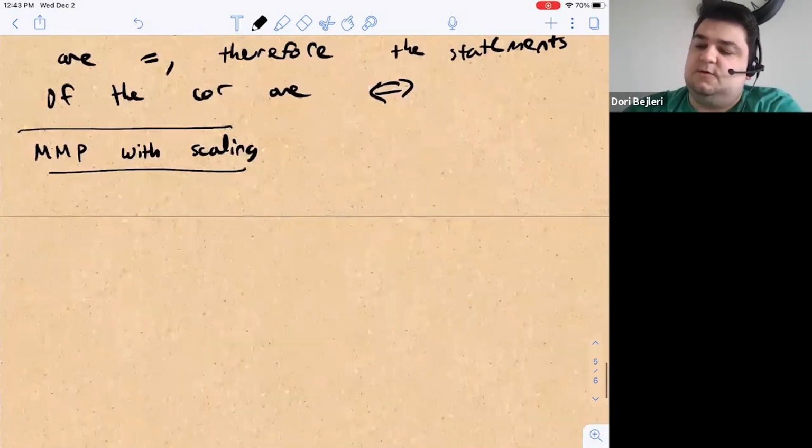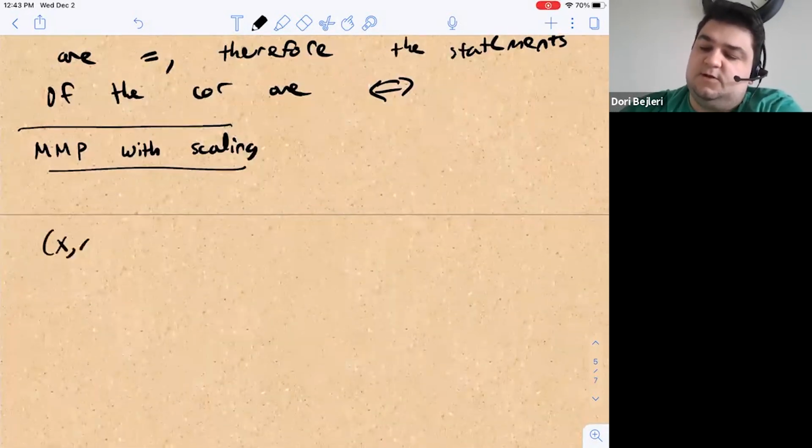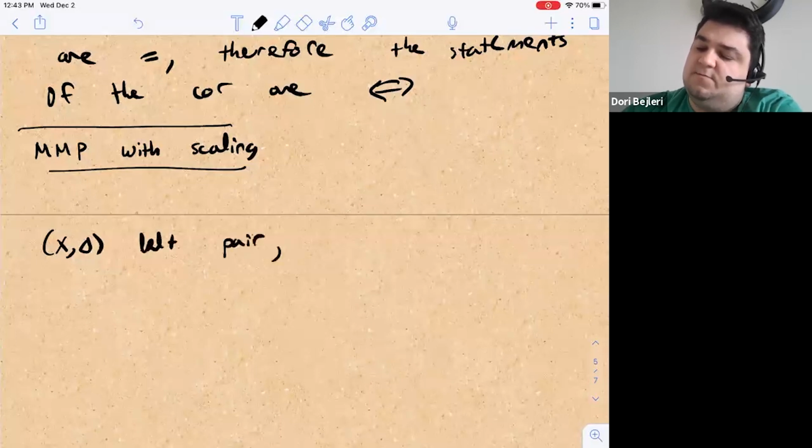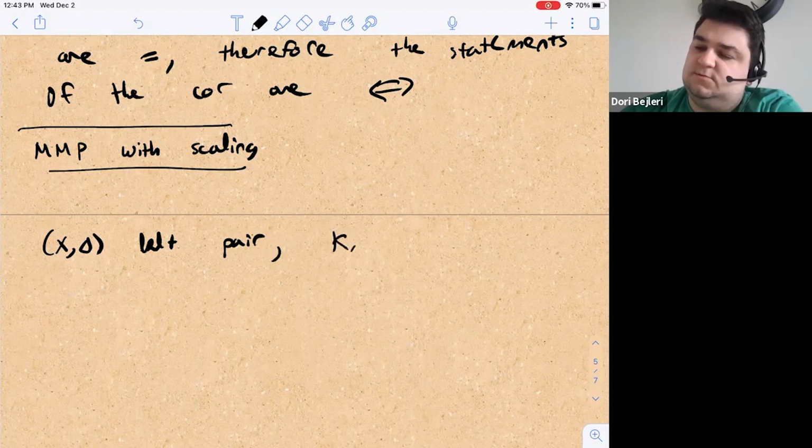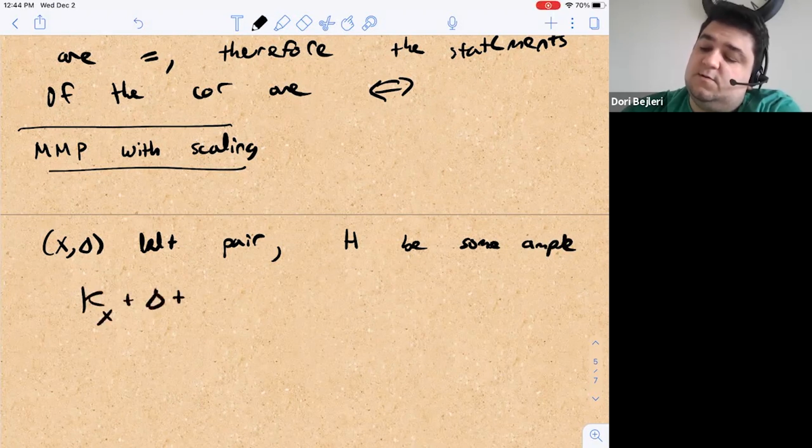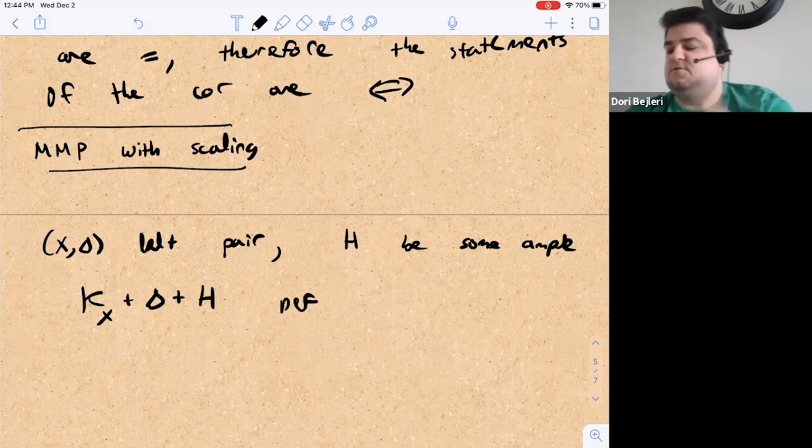We start with our pair X, Delta, so our KLT pair, and we just have K_X plus Delta, and we let H be some ample. Let's suppose that K_X plus Delta plus H is at least nef. Of course, if we make H large enough, we can even suppose it's ample.